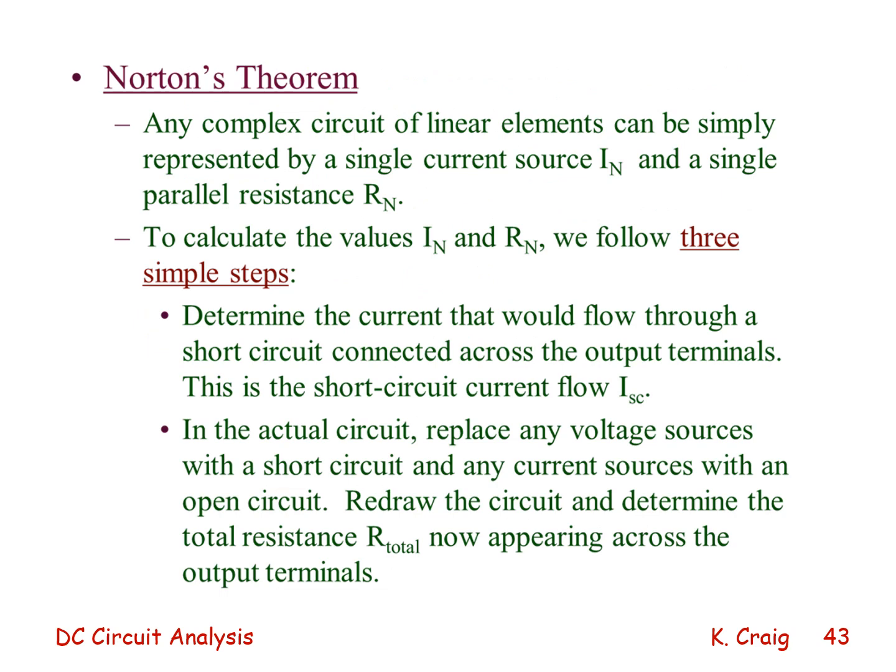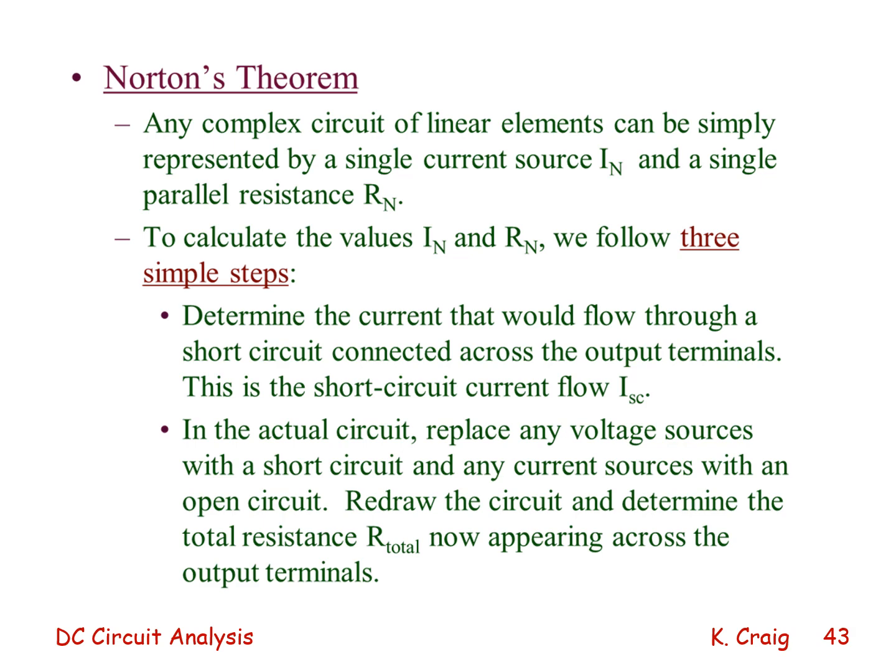Norton's theorem is a theorem that is less often used, but complements Thevenin's equivalent circuit theorem. Norton's theorem says that any complex circuit of linear elements can be simply represented by a single current source, I Norton, and a single parallel resistance, R Norton.